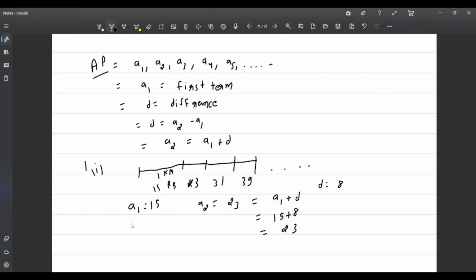Similarly, the difference for A3 is 31 minus 23, which is also equal to 8. A3 is 23 plus 8, which is equal to 31. So the common difference is always constant, equal to 8. So we can say that it is an AP.